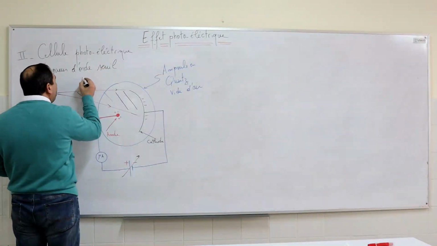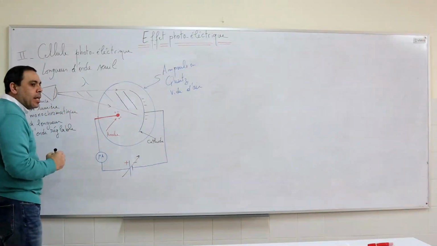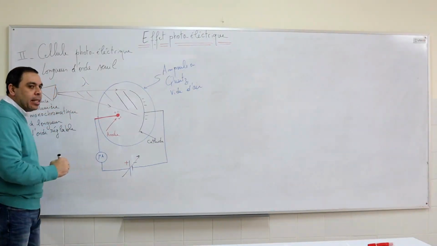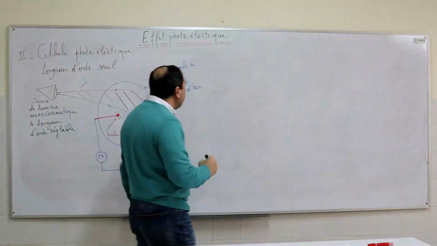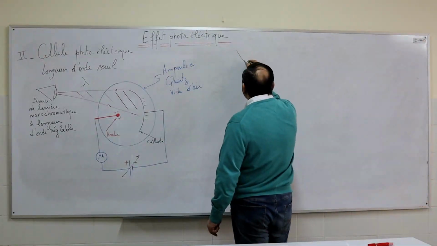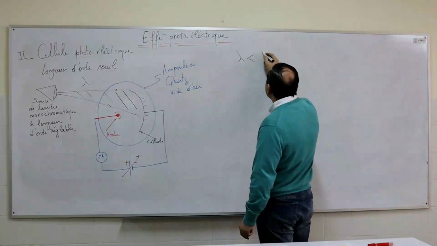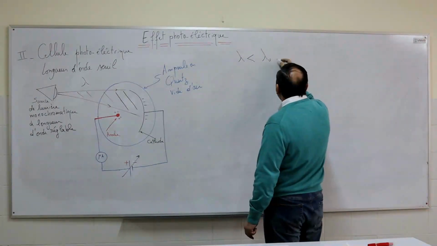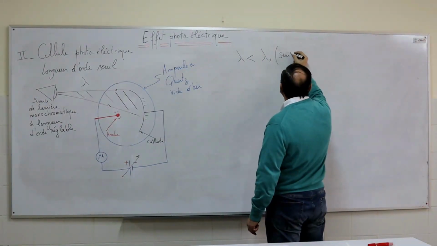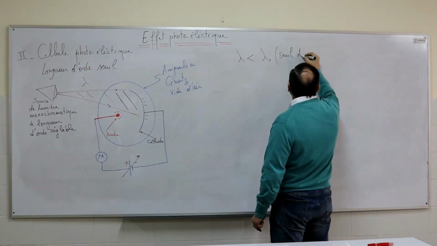It illuminates the cathode with a radiation of wavelength lambda. The ammeter indicates the flow of an electric current. Hence, the wavelength in use is less than a certain value that is called the threshold wavelength.